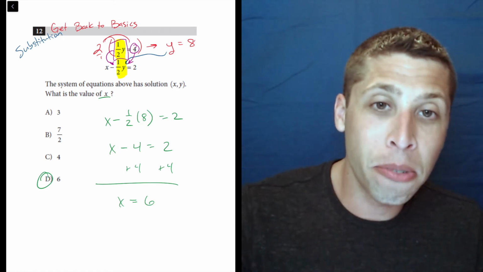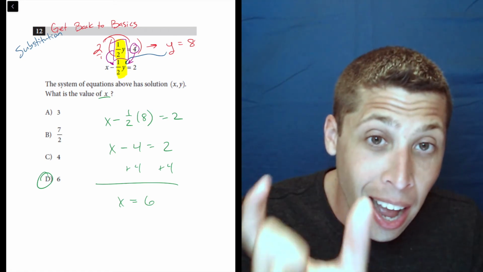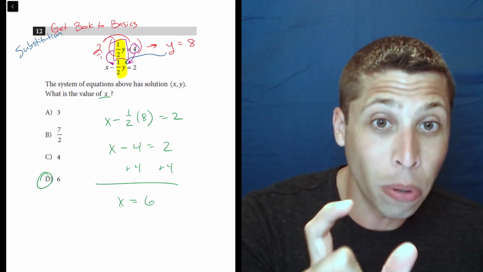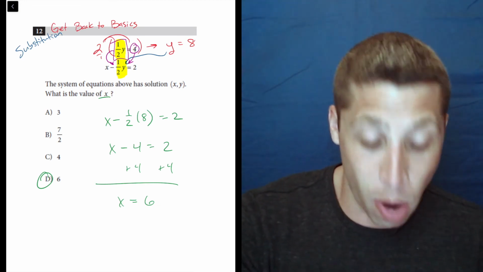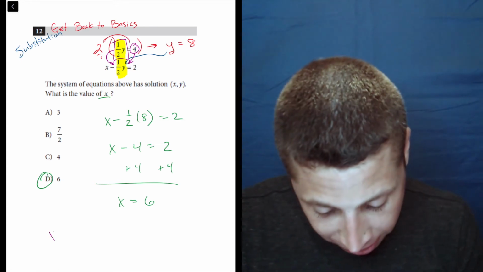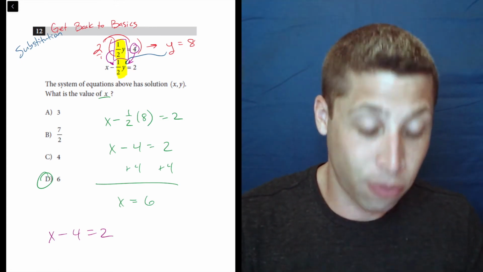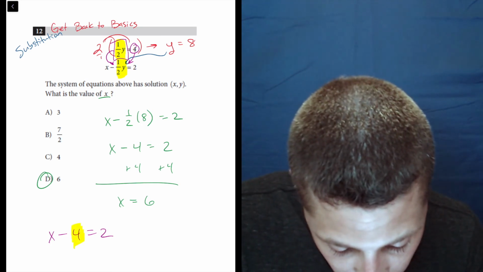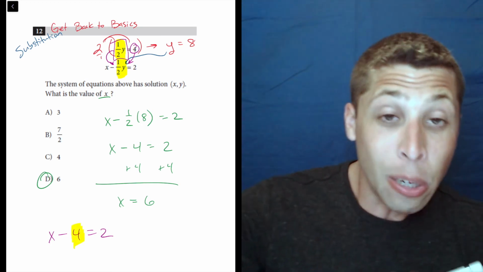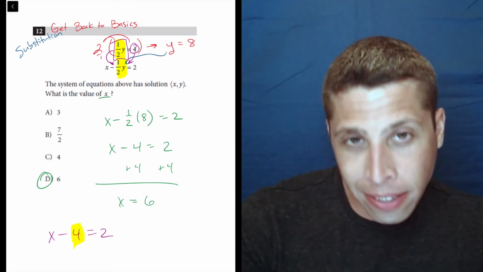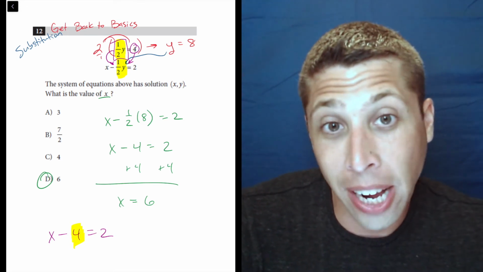And it gets substituted in for the entire piece highlighted, right? That 4 is equal to 1/2 y. So in this case, I would just end up with x minus 4 equals 2 because 4 is equal to 1/2 of y. And then we finish it up the same way. We add 4 to both sides and we get 6.